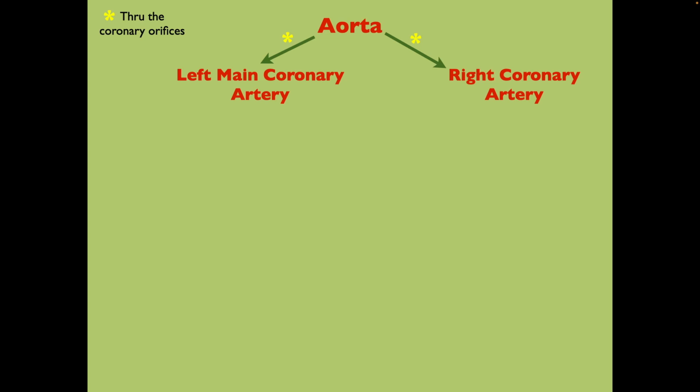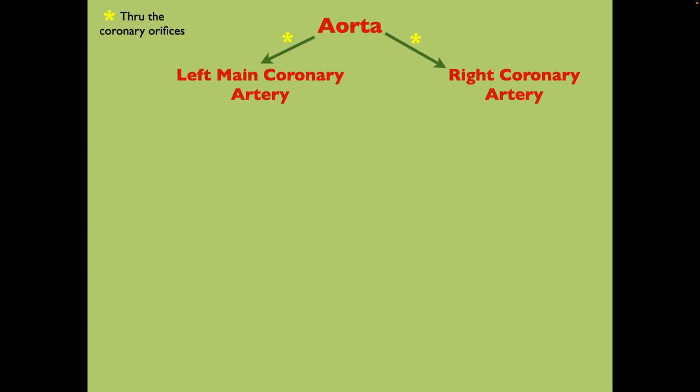And then, Chris, the left main coronary artery bifurcates into two large arteries. Do you remember what they are? Left anterior descending. Yes. And who remembers the second one? Left circumflex.